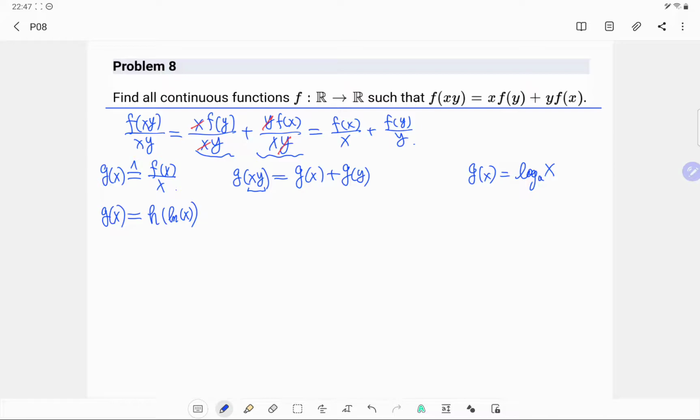So that on the left side we will have h of natural log of xy equals h of natural log of x plus h of natural log of y. On the left side, natural log of xy will be natural log of x plus natural log of y.